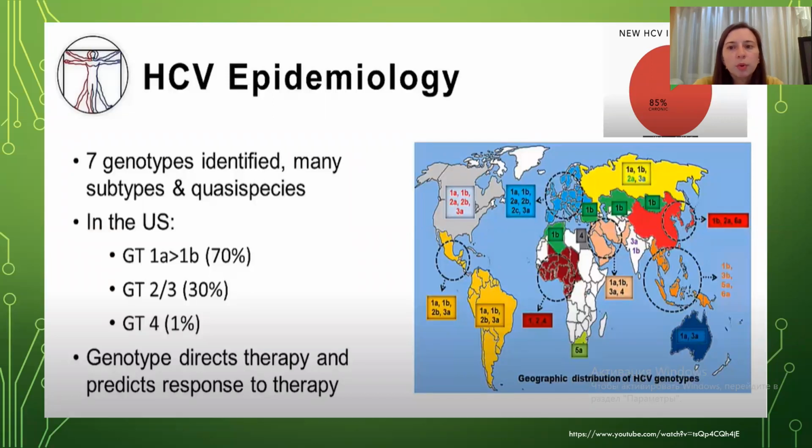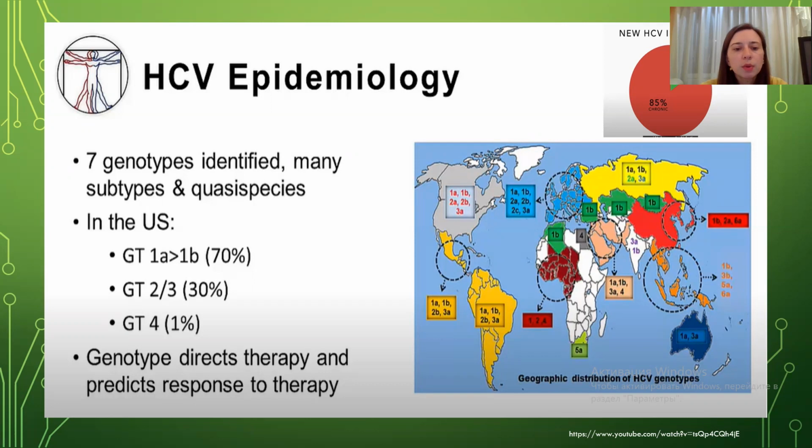And epidemiology. Seven genotypes are identified, with many subtypes and quasi-species. In the US the variants are GT1A more than 1B, GT2-3, and GT4.